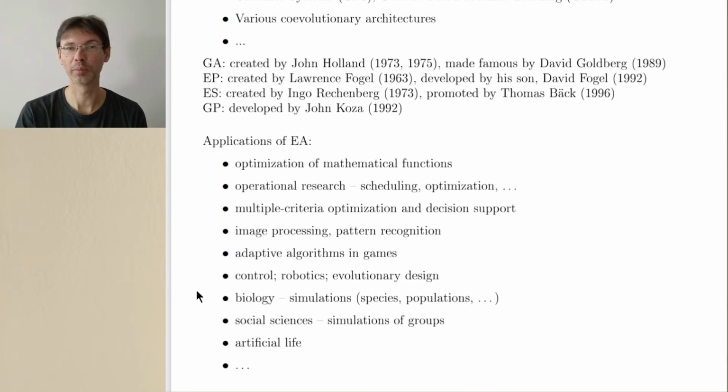Also, since we are talking about artificial life, those algorithms can be used not only to optimize, but also to model some aspects of biology. You remember that in artificial life we have those two kinds of applications. One application is helping biology understand complex processes, another is helping computer science to solve difficult problems efficiently. So this is solving difficult problems efficiently, and this is helping understand biological processes.